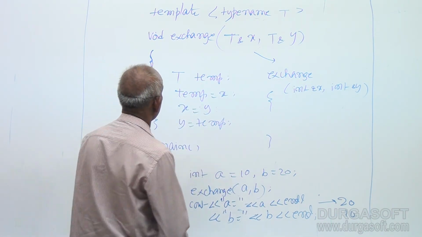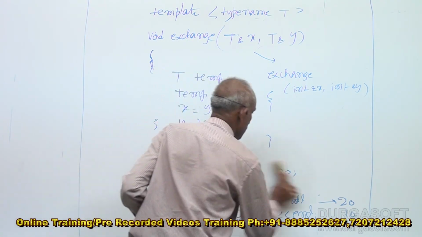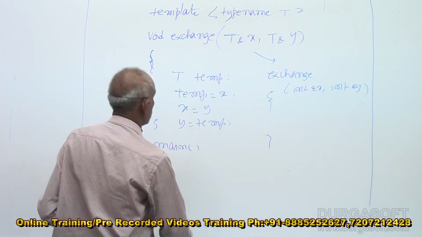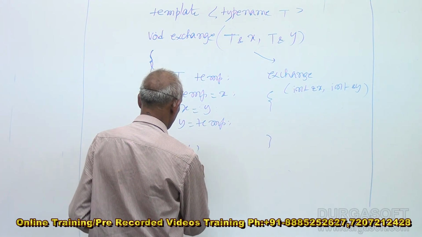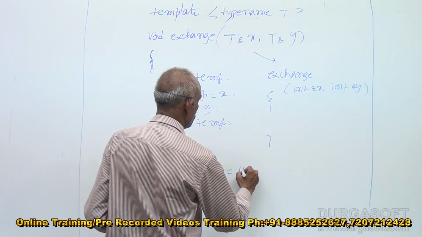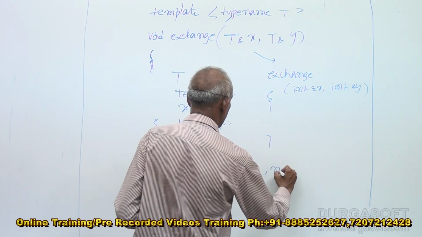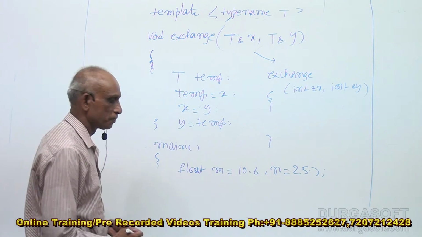Now let us have different. Float, suppose float m is equal to 10.6, n is equal to 25.7, two float values.